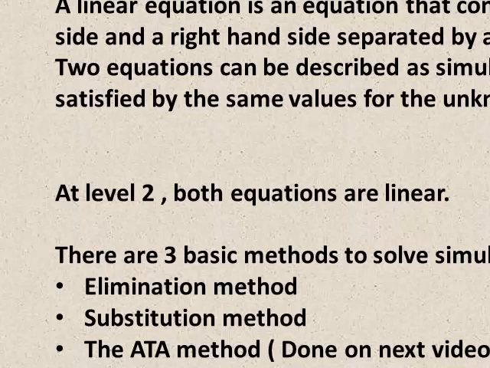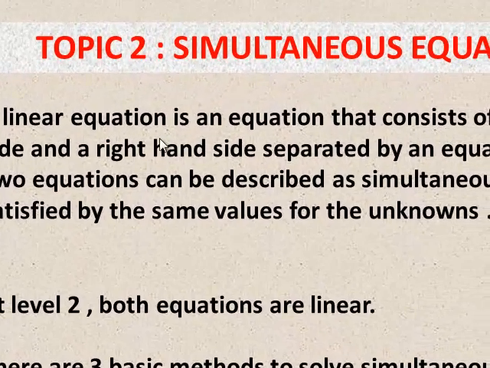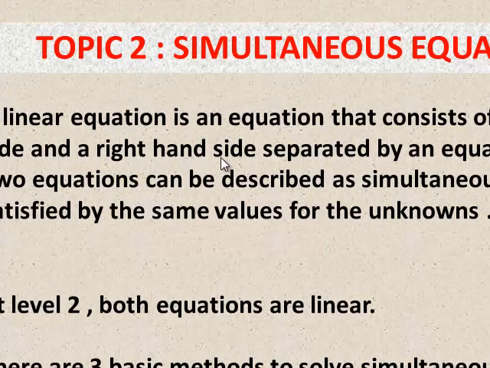Simultaneous equations. First and foremost, a linear equation is an equation that consists of a left-hand side and a right-hand side separated by an equal to sign. Two equations can be described as simultaneous if they are satisfied by the same values for the unknowns.